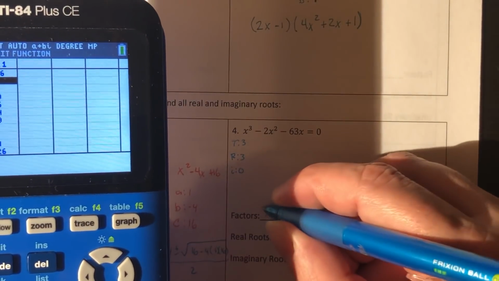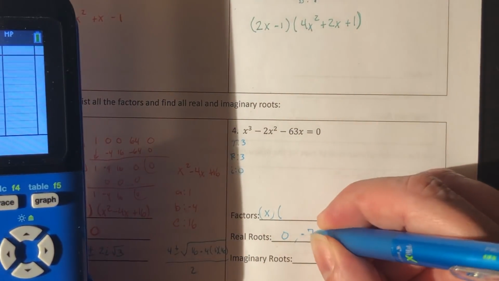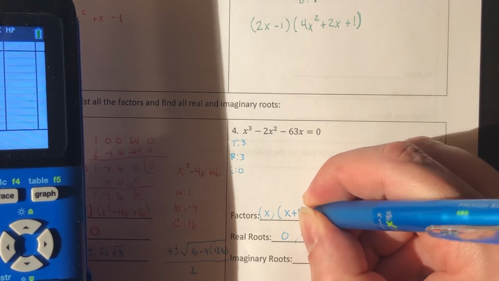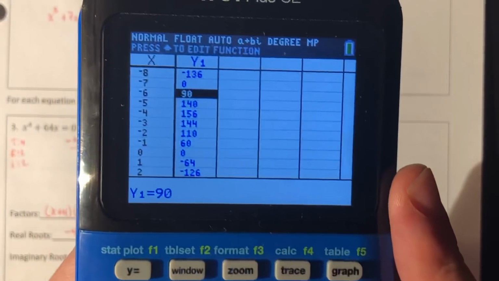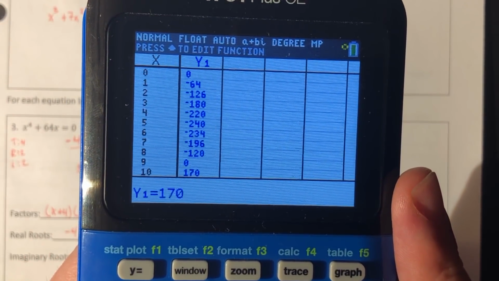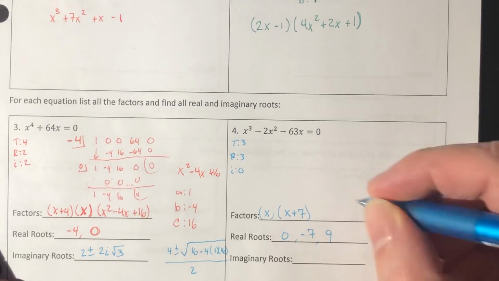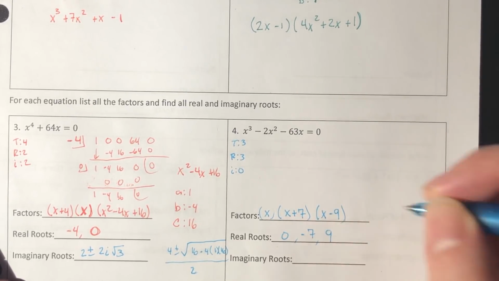So another factor, if the root is -7, the factor for that is going to be x plus 7. And it also occurs there at 9. So the factor is going to be x minus 9.